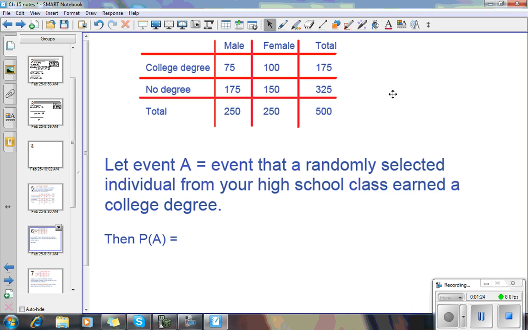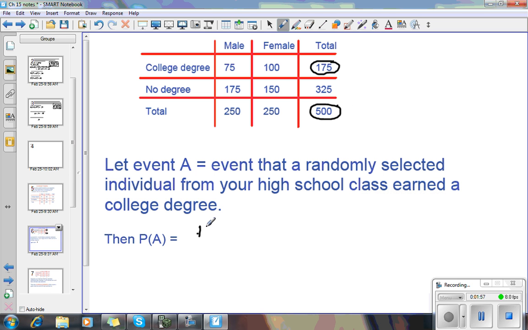So let's suppose that I'm going to define event A, that it's an event that a randomly selected individual from your high school earned a college degree. So that's saying if we were to randomly select someone from the high school, what's the probability that they earned a college degree? So we're looking at, we have 175 students going on to earn a college degree out of 500.